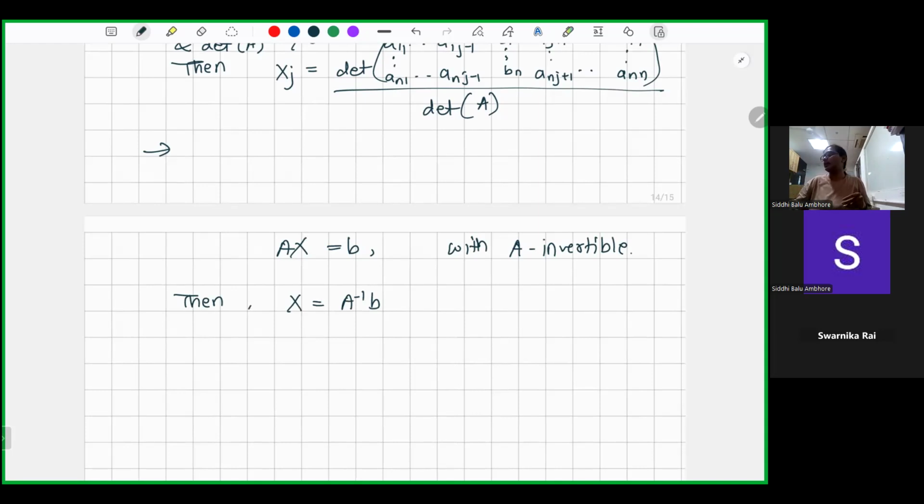And so the idea is similar. We know how A inverse is calculated using the adjoint matrix and so on. So the proof is essentially the same.